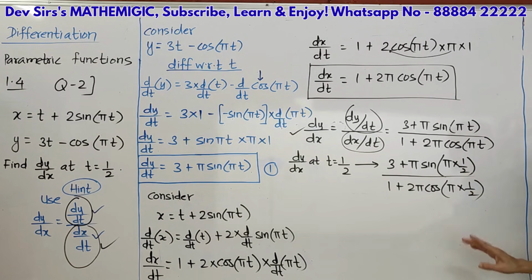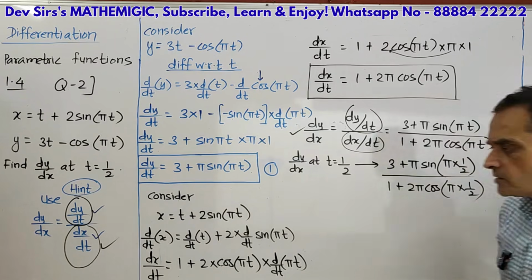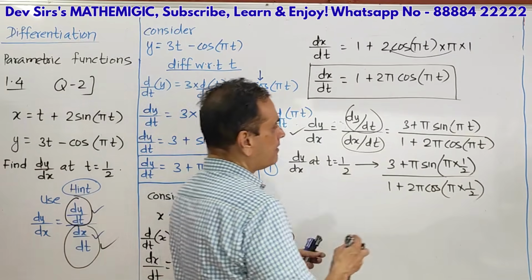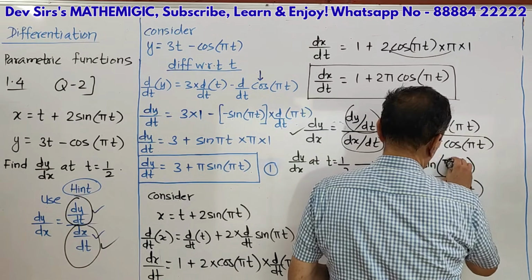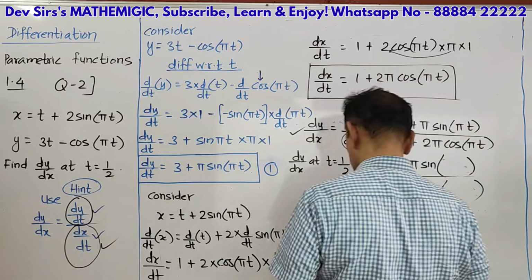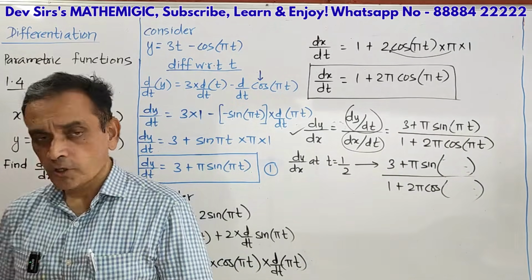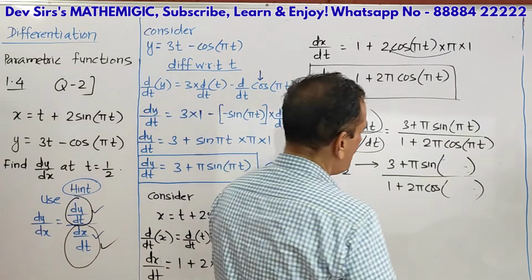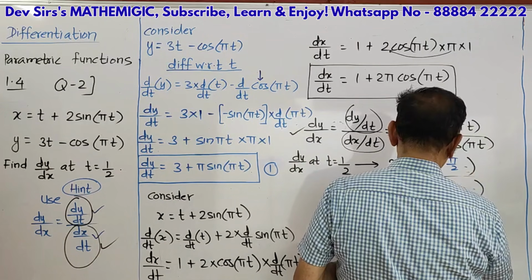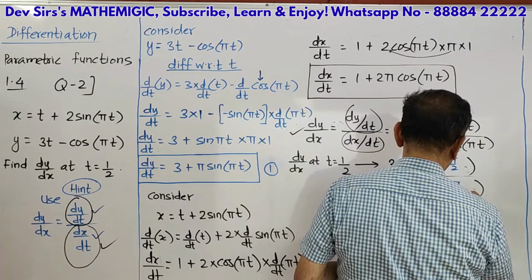So pi into half is pi by 2. मैं यहाँ पे change कर देता हूँ so that we can save some space. Followed? Pi into half gives you pi by 2. Again pi by 2.